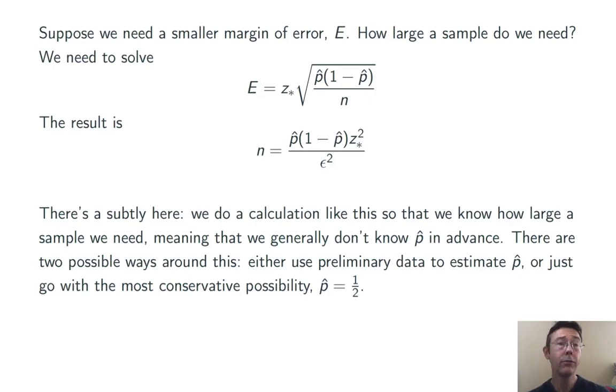If we don't have data coming in, we'll just go with the most conservative possibility. That is, the value that gives us the largest possible sample size over all possible values of p hat between 0 and 1. And that happens to be p hat equals 1/2, as we can prove using calculus, for instance. When you use that conservative estimate, you get that n is z star squared over 4 epsilon squared. And that's a formula that you really can plug into.